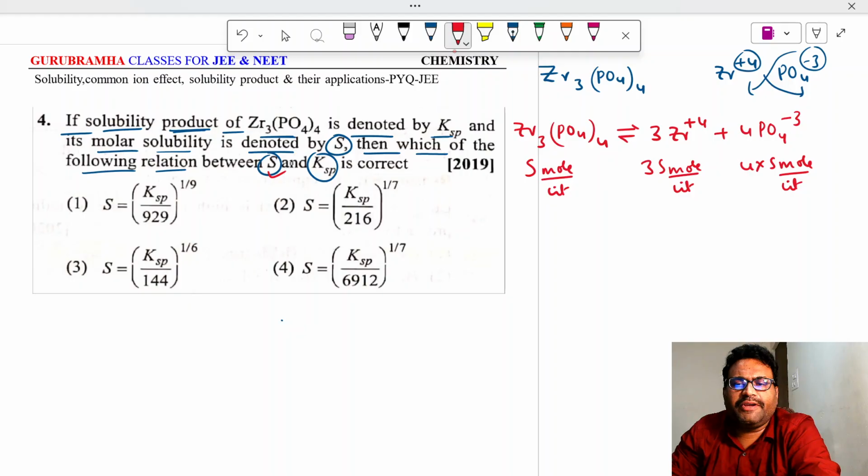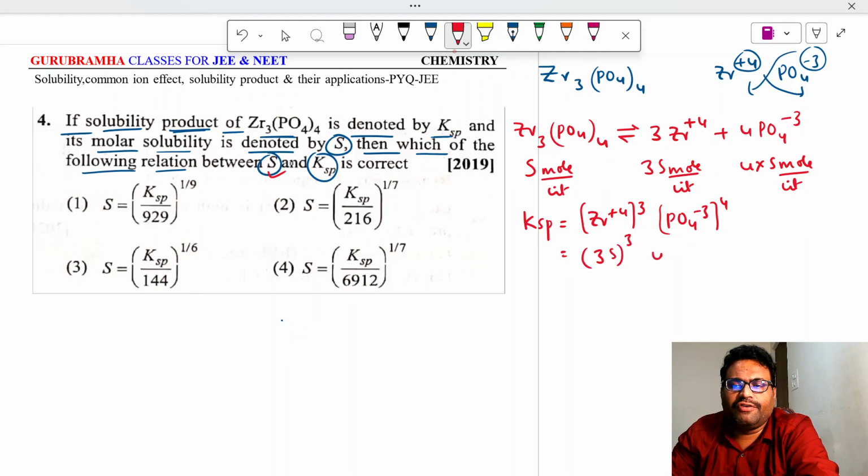How do we write Ksp for zirconium phosphate? Ksp is equal to the concentration of zirconium ion power 3 into the concentration of phosphate ion power 4, that is (3S) whole cube into (4S) whole power 4, because zirconium concentration is 3S and phosphate concentration is 4S.